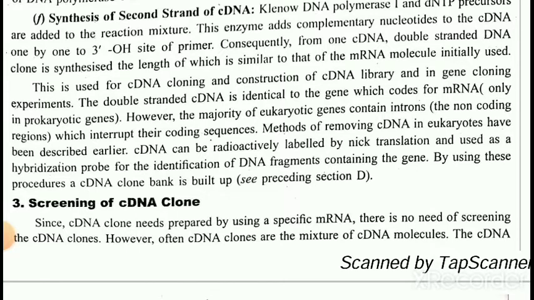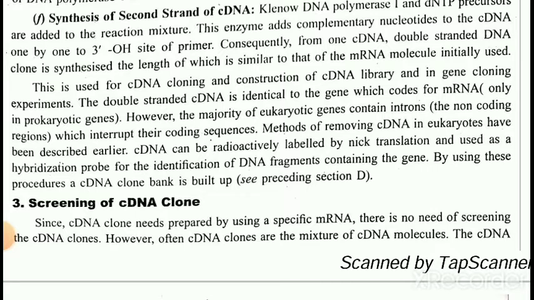Screening of cDNA clone. Since cDNA clones are prepared by using a specific mRNA, there is no need of screening the cDNA clones. However, often cDNA clones are a mixture of cDNA molecules. The cDNA clone of desired function may be low or large in number. Therefore, all these clones must be ligated to a suitable vector such as M13 vector or phage vectors and transferred into host bacteria.